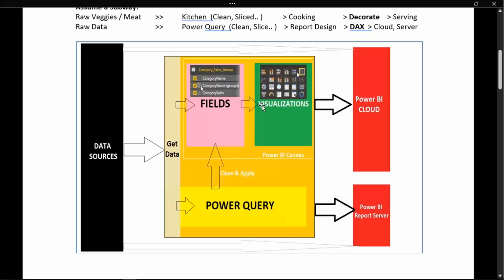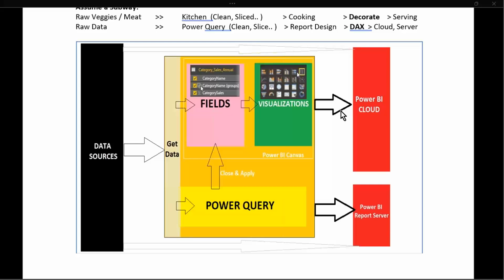Finally, perform reporting activities. So in our journey, we need to touch base with the black box, yellow box, top orange, pink, green, and the right side two red boxes. Our complete course addresses the complete Power BI ecosystem.